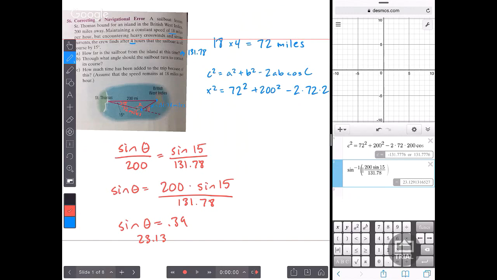Okay, but now we got problems. What's my problem? Does anyone see my problem? What's the problem with theta being 23.13 degrees? Ambiguous case.